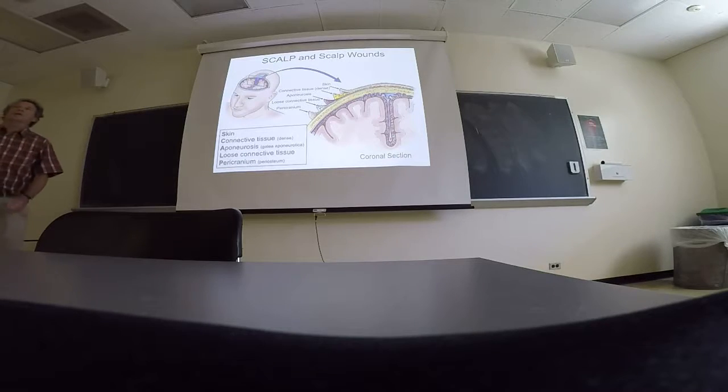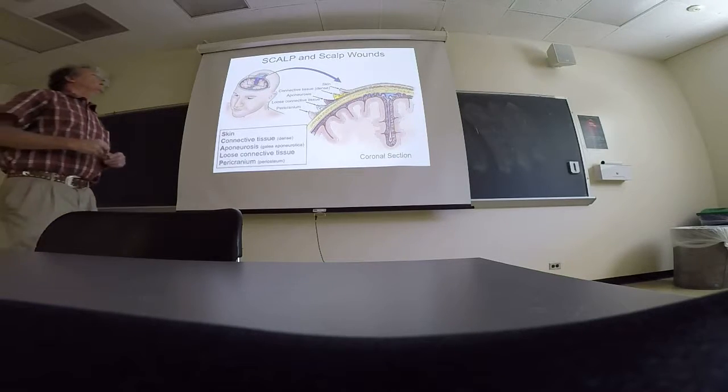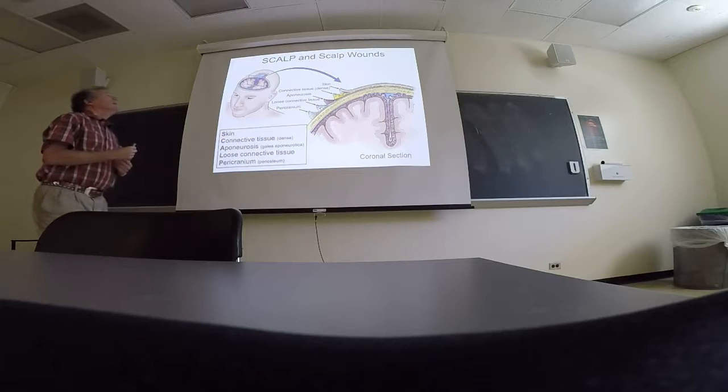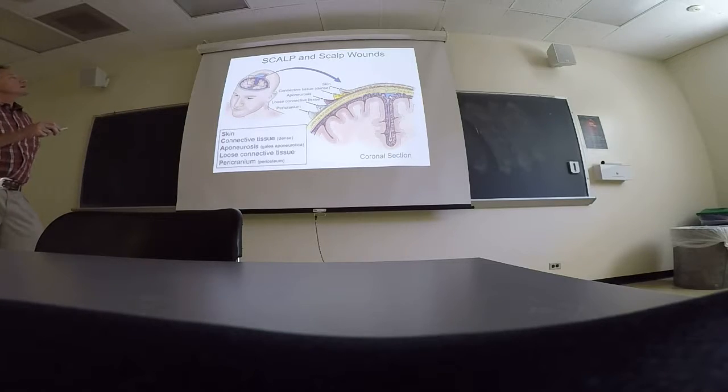Okay, another potential problem related to stuff we've already studied is before we pull the scalp off of the top of the cranium, we pointed out that the scalp itself has a series of layers, which if you play around with the words, can spell the word scalp.